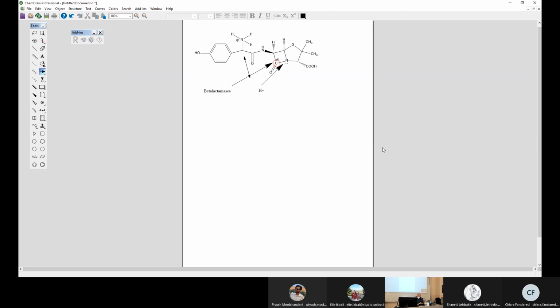And so, more than 20 years ago, there were a lot of strains of bacteria resistant to this type, to the aminopenicillin, to the amoxicillin, because they have very active enzymes, beta-lactamases, close to the surface of the cell wall.